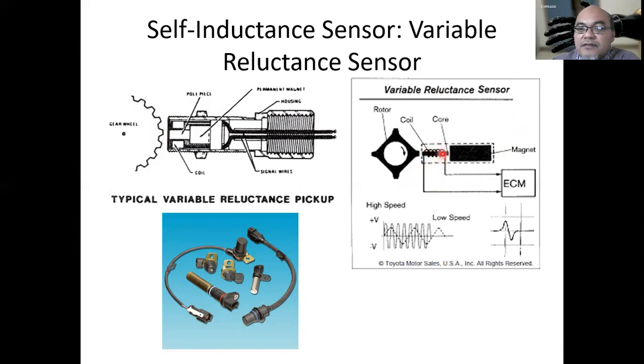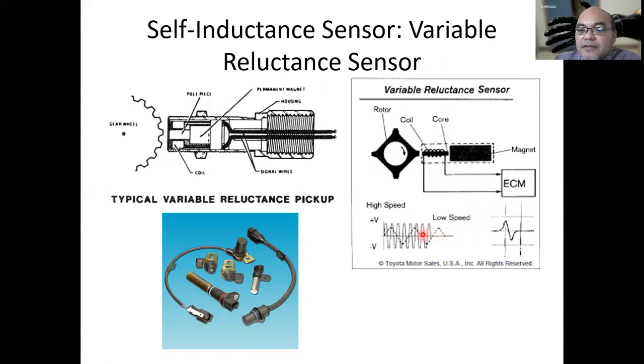So we have the coil winding around a core, usually made from ferromagnetic material, and we have a permanent magnet here. When this rotor rotates, it will create magnetic field changes in the coil. As a result, it is shown here as an oscillating voltage change.